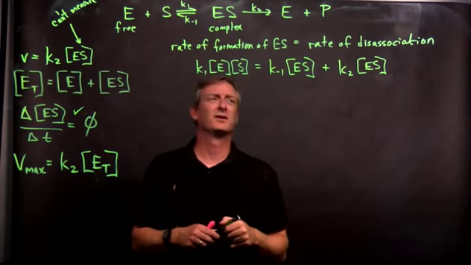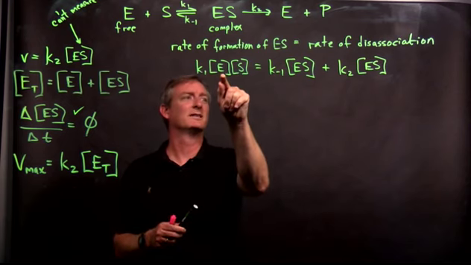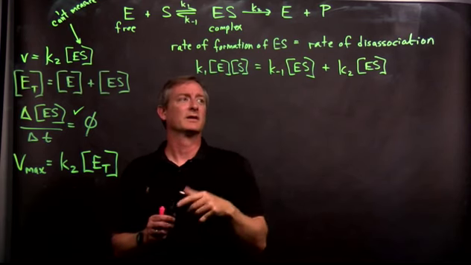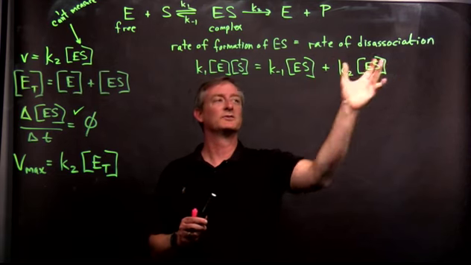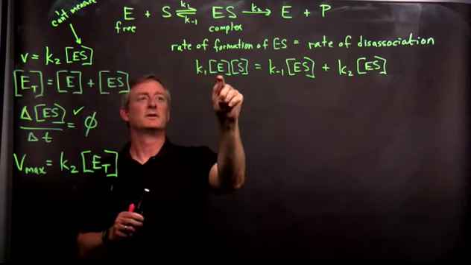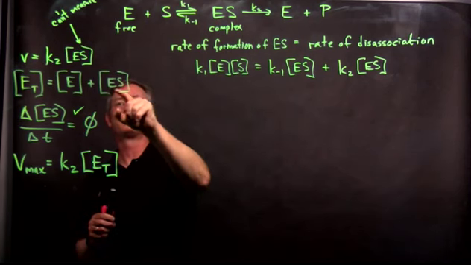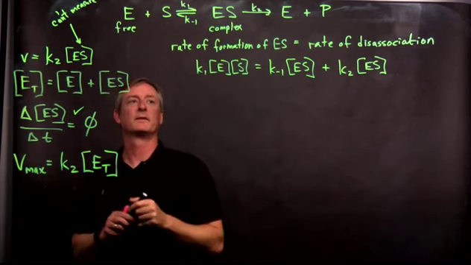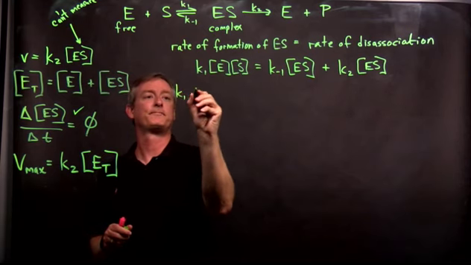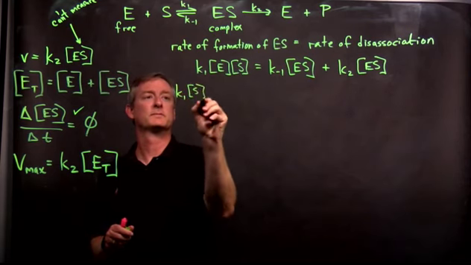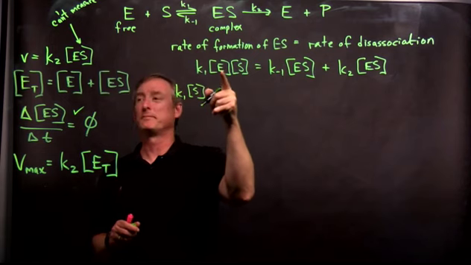How are we going to do this? I hate this free enzyme. I don't know what that is. This is okay because I'm going to get this to one side of the equation. So let's substitute in something for the free enzyme, which makes a little more sense. Let's do K1 times the concentration of substrate times something else.